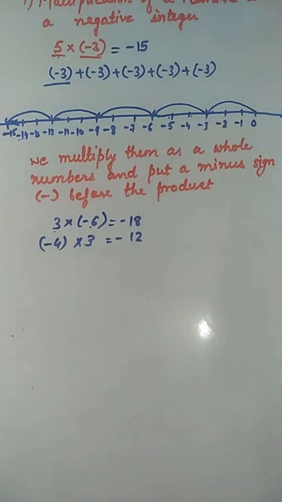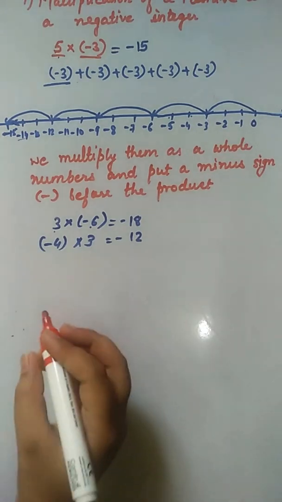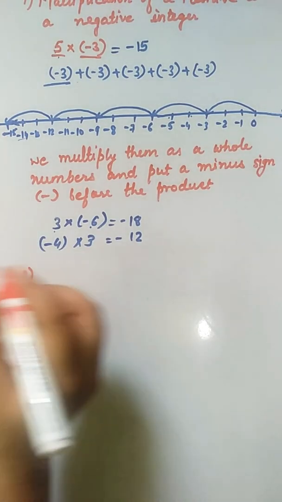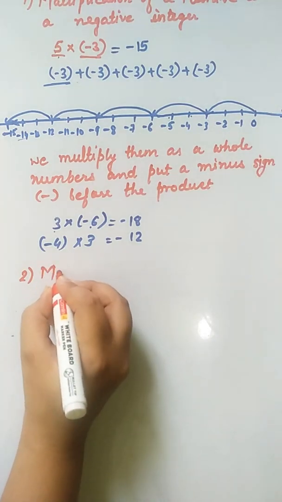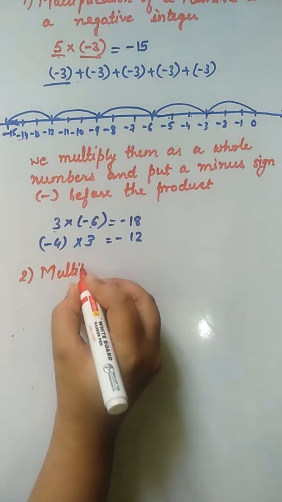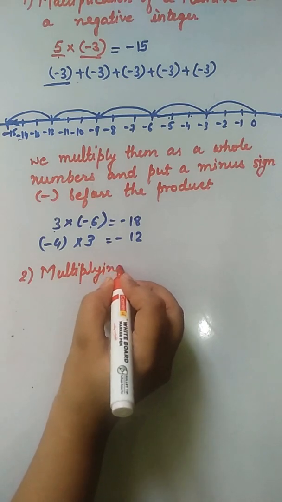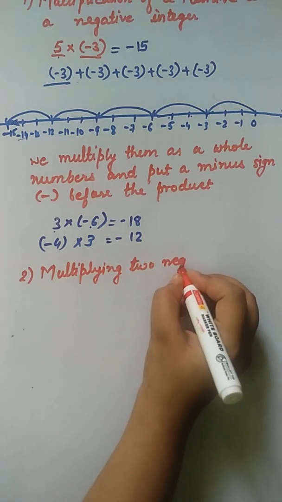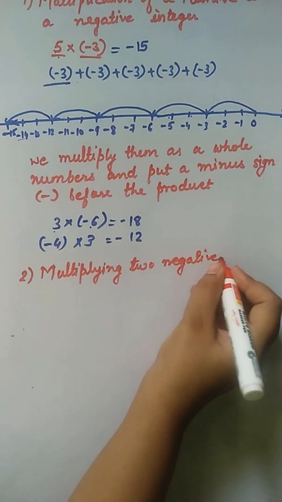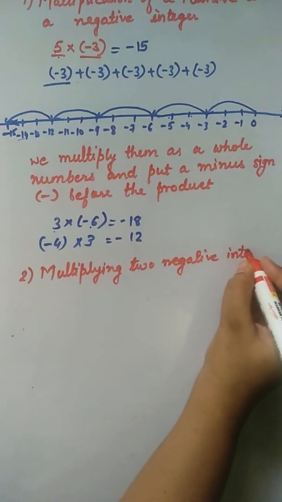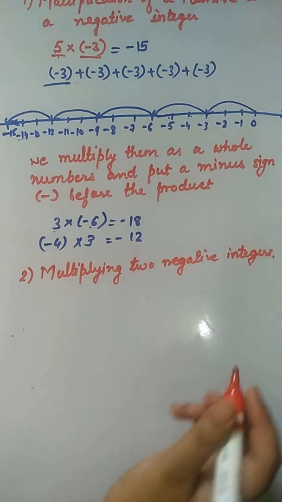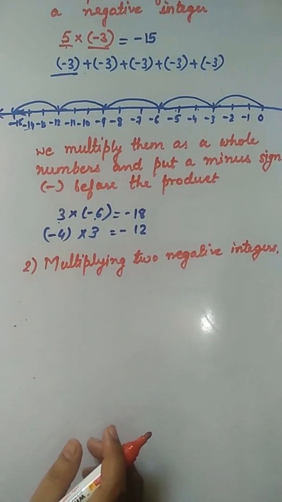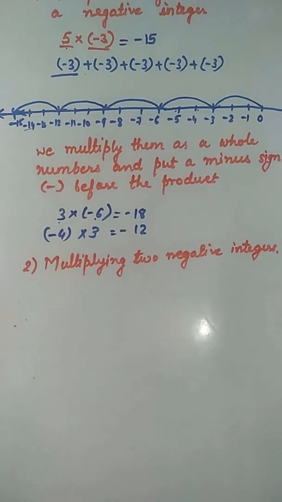Now second is multiplying two negative integers. How will we multiply two negative integers and what will be the answer? We are going to see this.